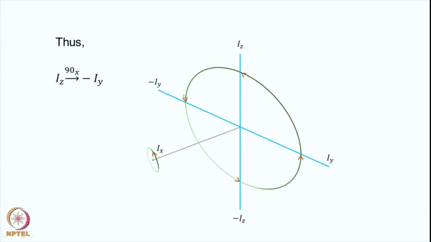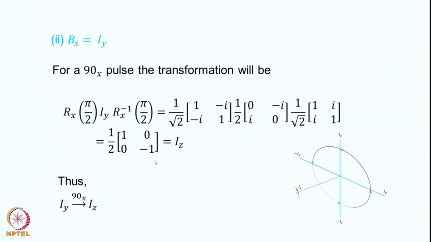Now if we were to start with Iy, the same rotation will take Iy to Iz, okay, and Ix will of course be invariant, nothing will happen, we will explicitly show that also. And if we were to have minus Iy, then minus Iy will go to minus Iz under the influence of this rotation. Okay. Now that is explicitly calculated here.